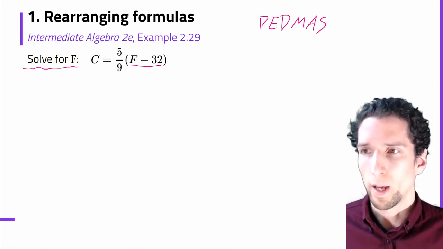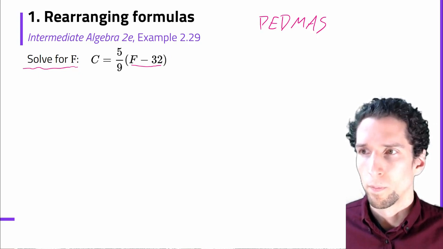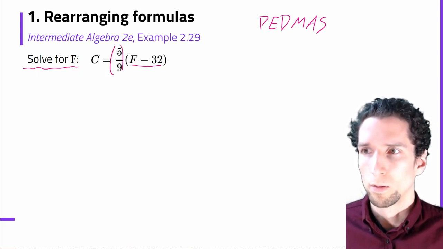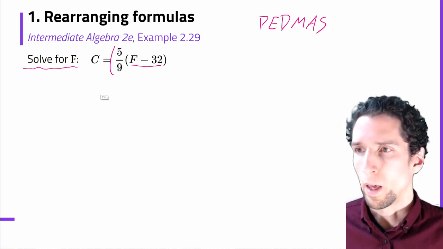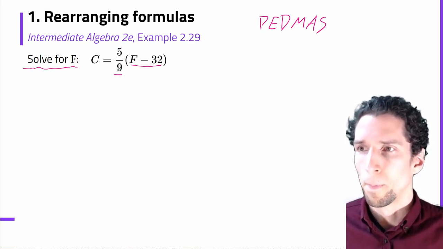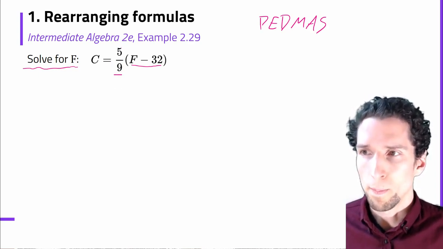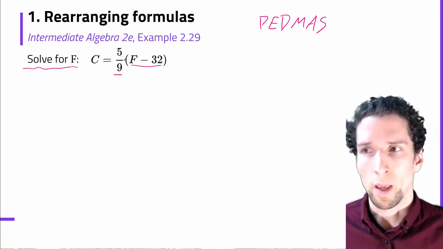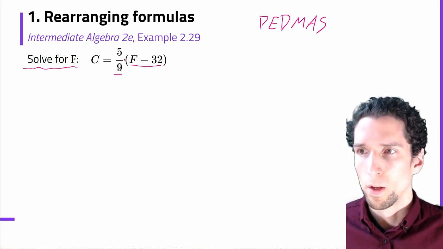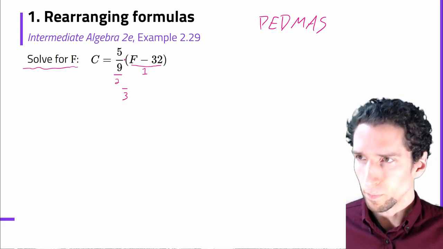Second, we have this division with this fraction, and I'll underline that. And then we would have this multiplication between the fraction and the brackets. So let's say that's number 1, that's number 2, and that there is number 3.